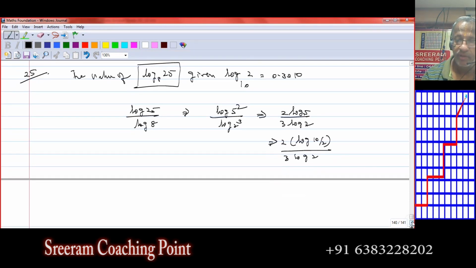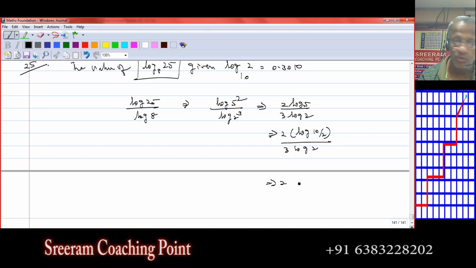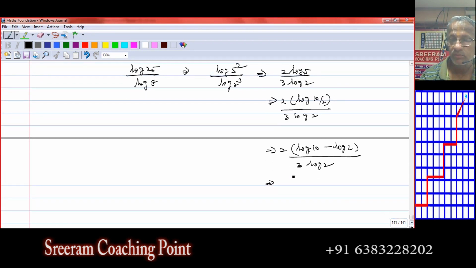Correct. So this will bring about 2 into log 10 minus log 2, divided by 3 log 2. This log 10 becomes 1.